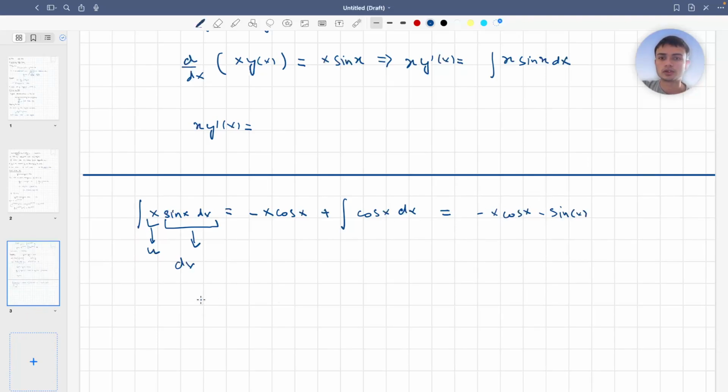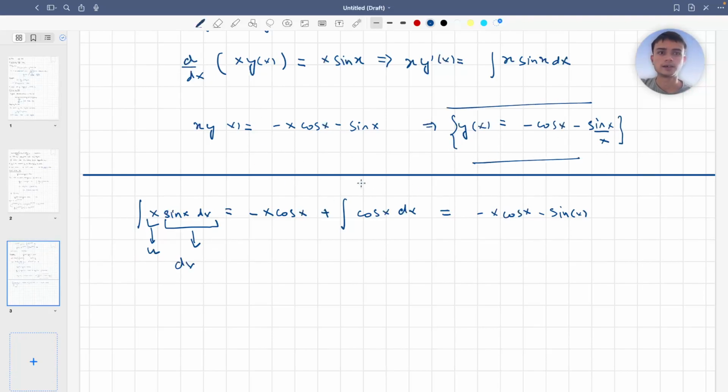So the whole solution over here will become minus x cos x plus sin x. Sorry, this is not y'(x), it's y(x). So y(x) becomes minus cos x plus sin x over x. So this is it precisely.